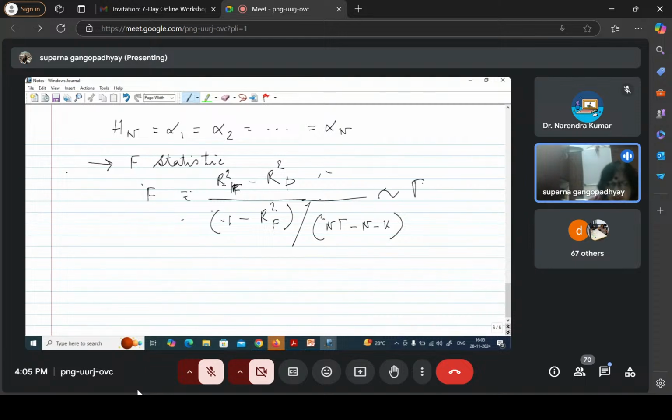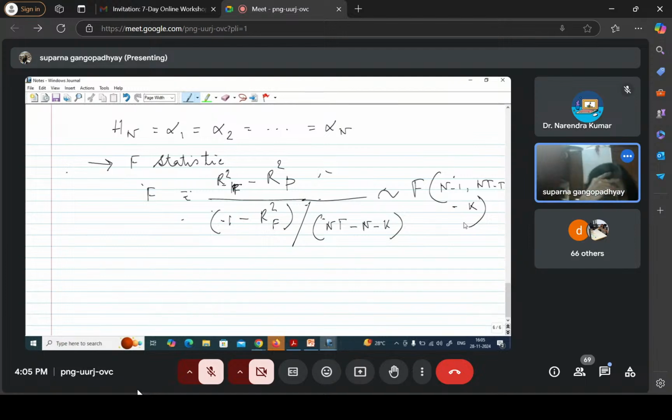This follows F with degrees of freedom. You know how I write degrees of freedom? Numerator, denominator. Now, what is your decision rule? R square F means computed R square from the estimated fixed effect model. R square pool means computed R square from the pooled regression.